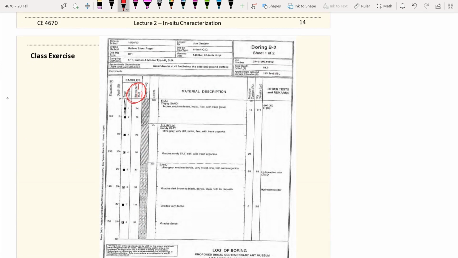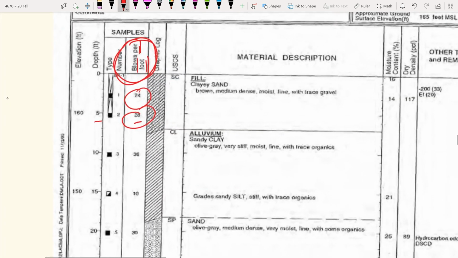Which means those are ready-to-go SPT blow counts at different depths. So you got one measurement right there, N equals 28, and also at 10 feet down, N equals about 30. SPT-N equals 36 at a depth of 10 feet.